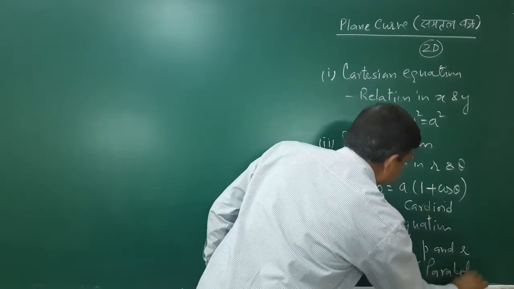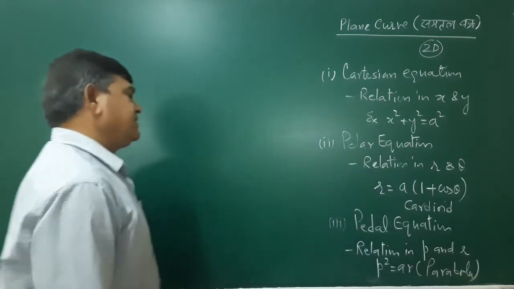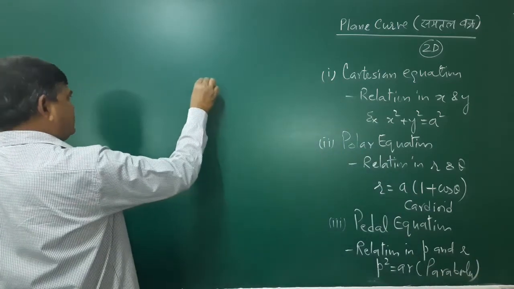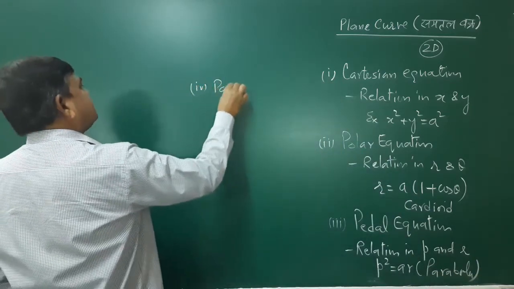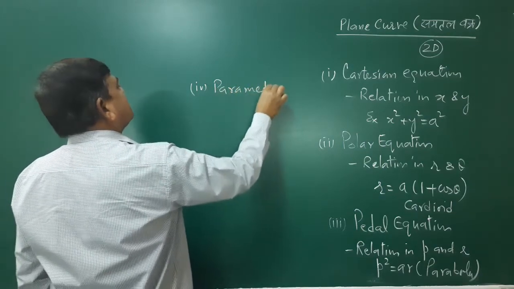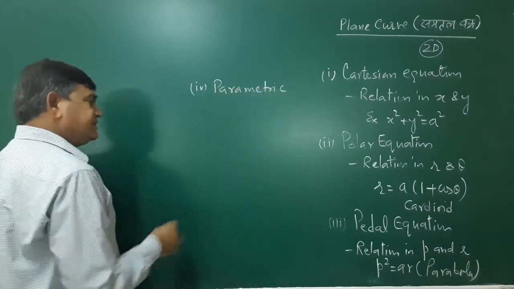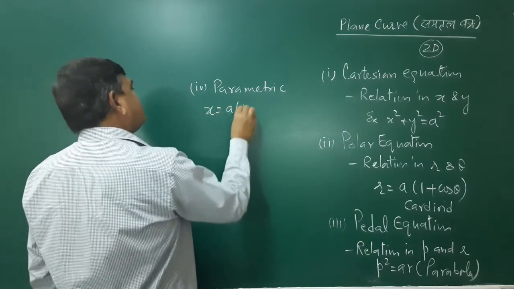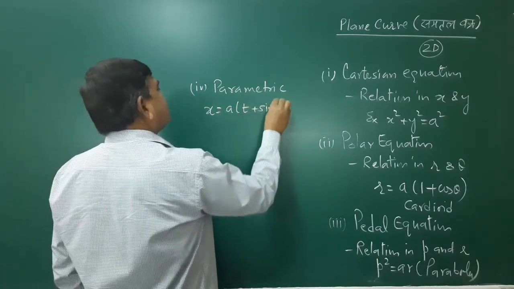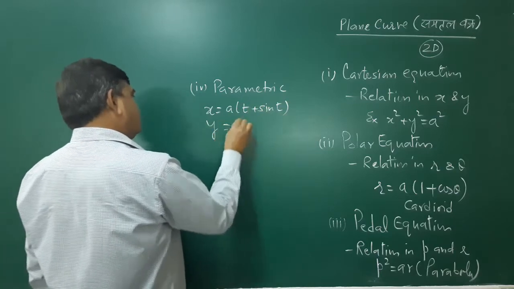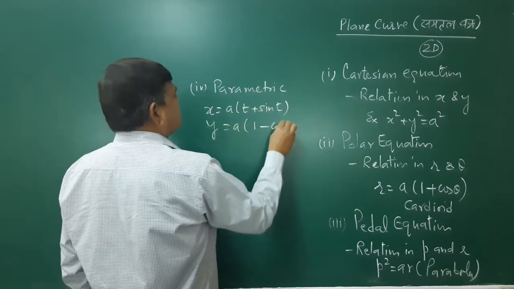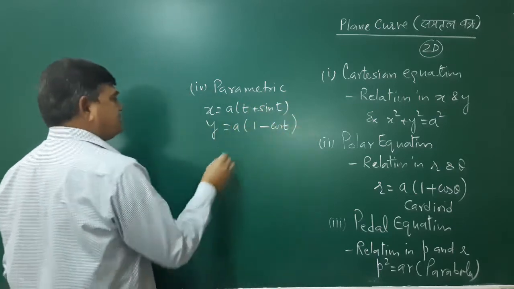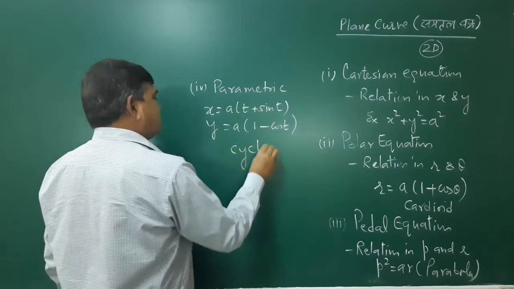This is a parabola. Fourth, parametric: x equals a times t plus sin t, y equals a times 1 minus cos t. This is a cycloid.